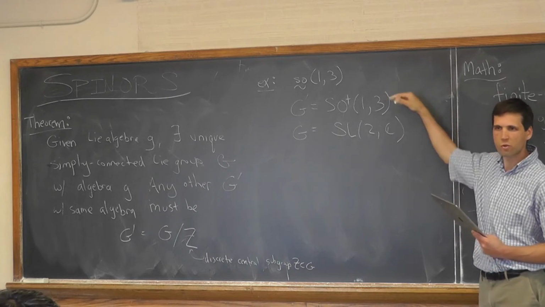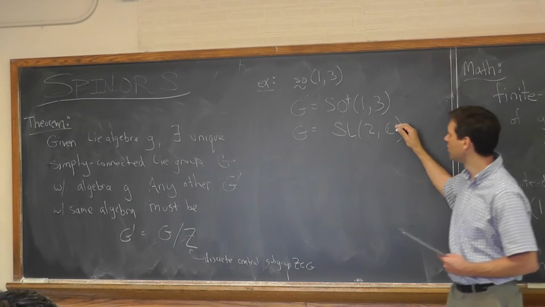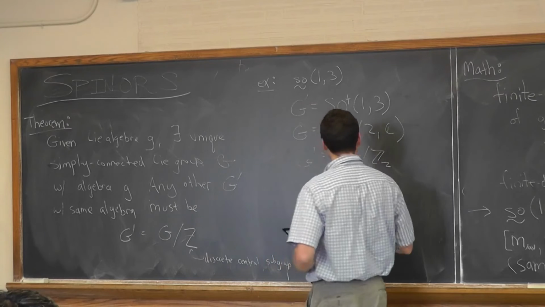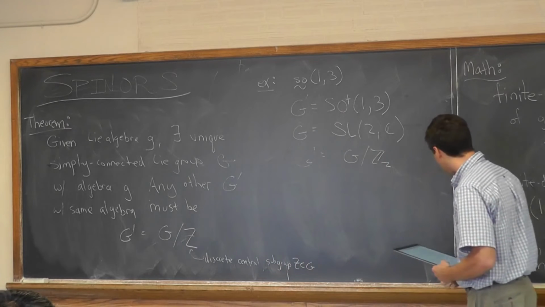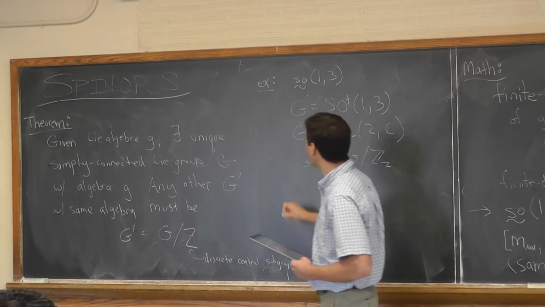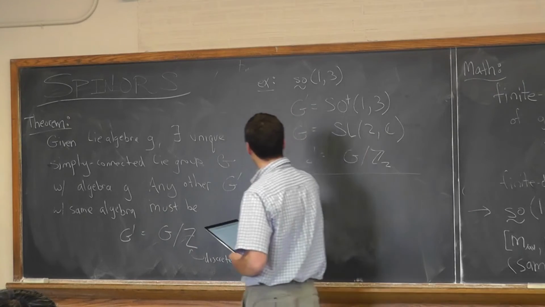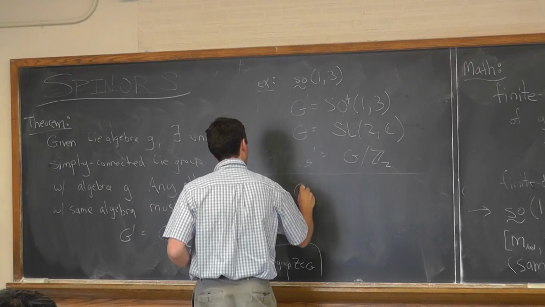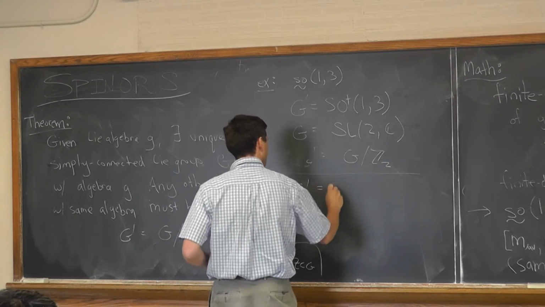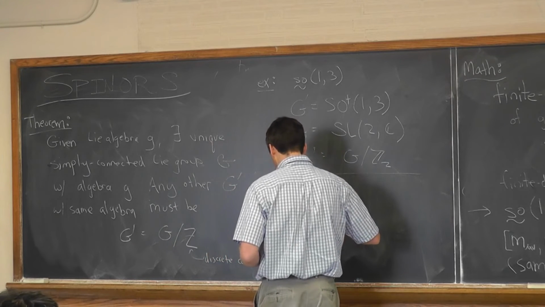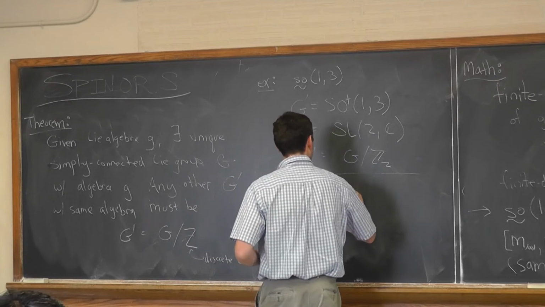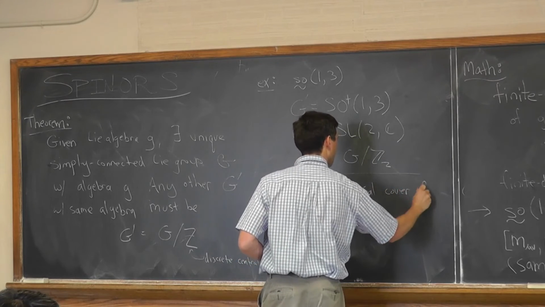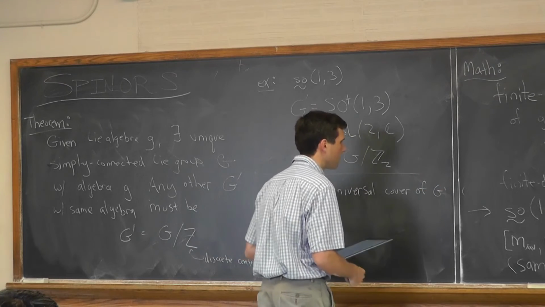The restricted Lorentz group is the quotient of that. So G prime, in this case, is G mod C_2. What this theorem means is that G prime, or rather G, is the universal cover of G prime.